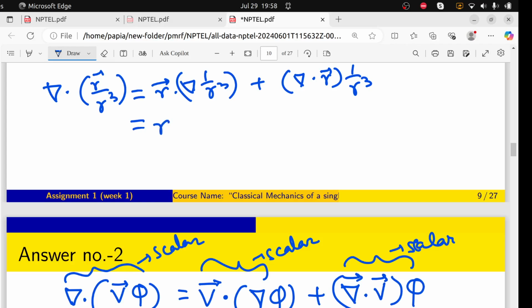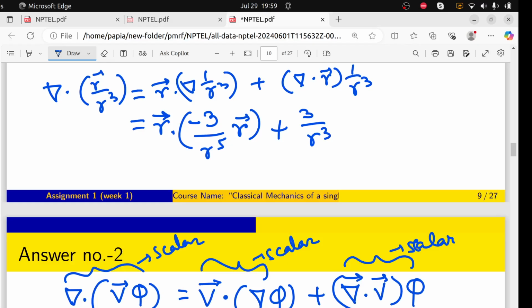Grad of 1 by R cube will give me minus 3 divided by R to the power 5 times R vector. If you don't know, I will tell you how to understand these things, but for now bear with me that this gives this answer. And this divergence will give me 3, so 3 divided by R cube. So this is the answer.